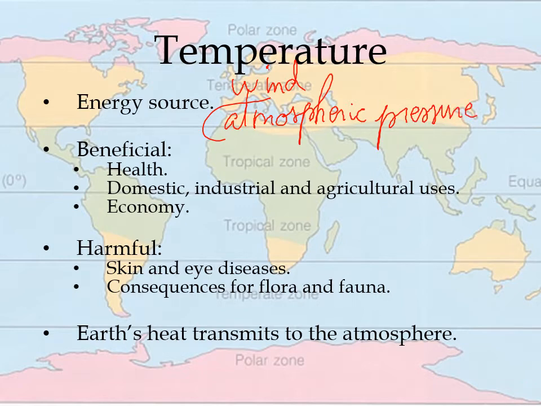We also have the rain. Why? Because without the temperature, the water wouldn't evaporate, so we wouldn't have clouds, so it wouldn't rain. Those main processes take place thanks to the temperature.